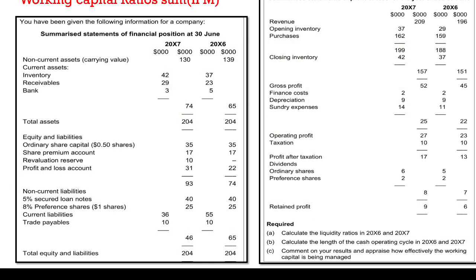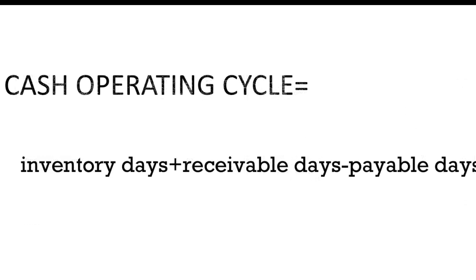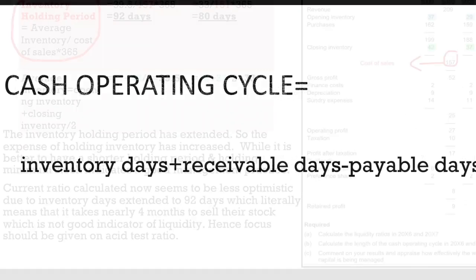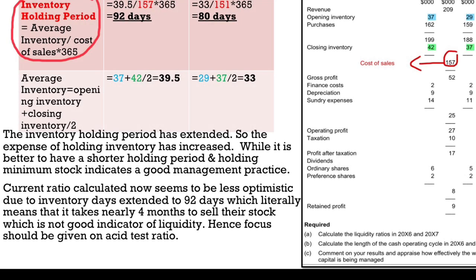Then we'll be calculating the second part, that is cash operating cycle for both the years, and the formula to calculate it is inventory days plus receivable days minus payable days. Inventory days, which is also called inventory holding period, is calculated as average inventory divided by cost of sales into 365 days.